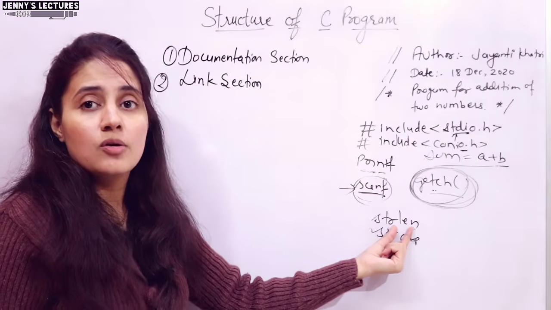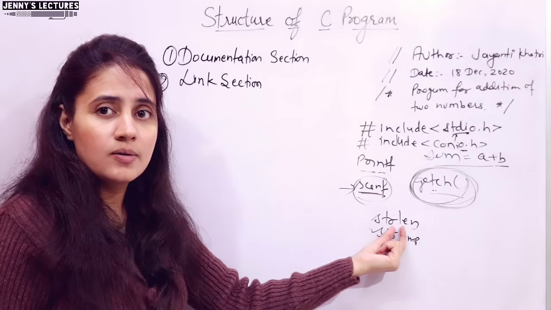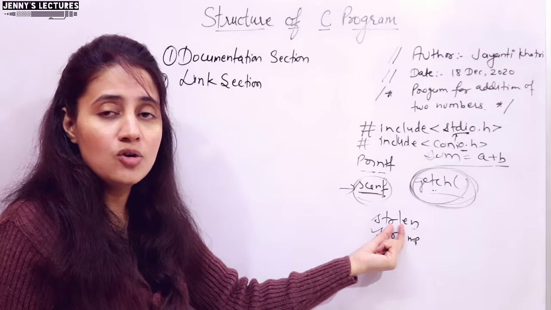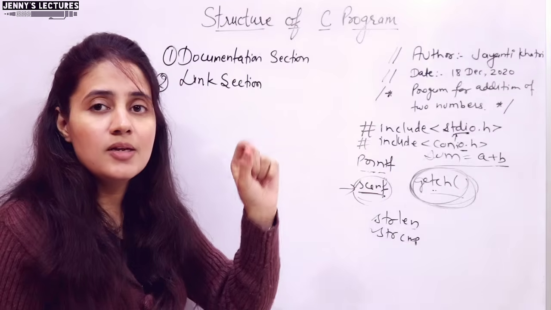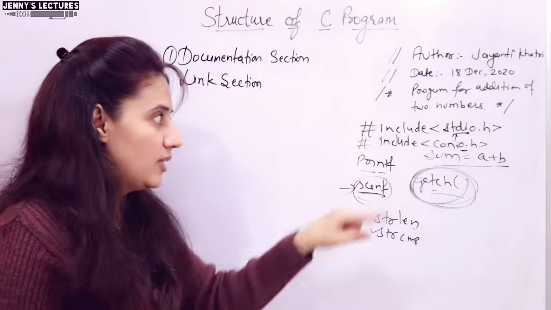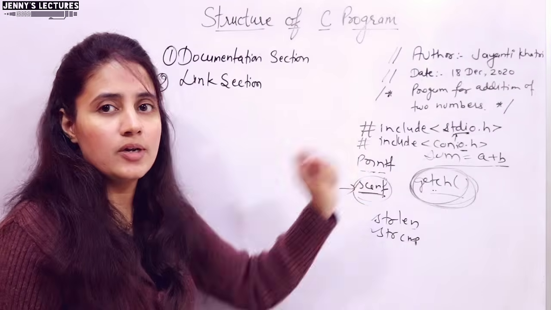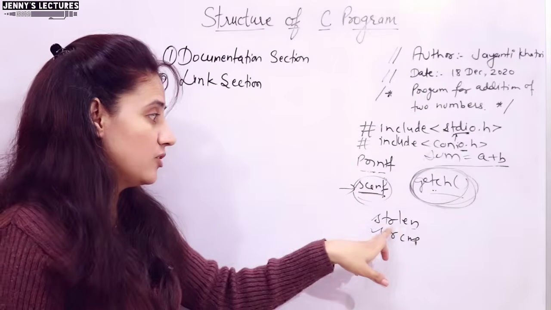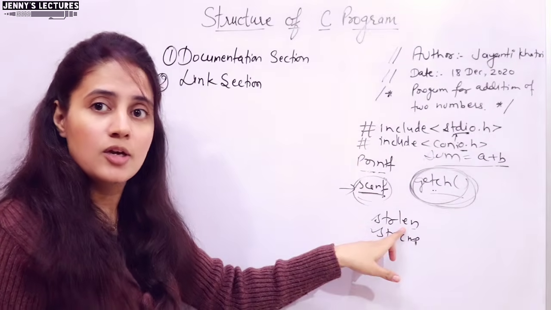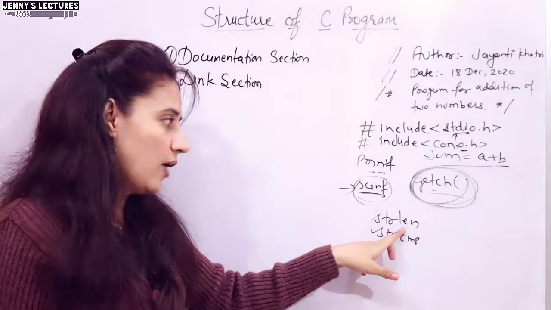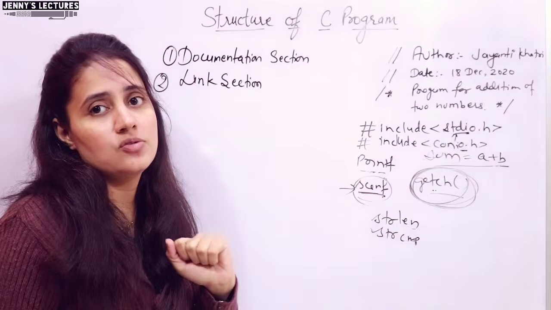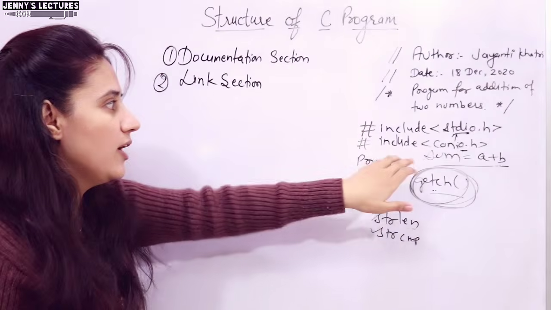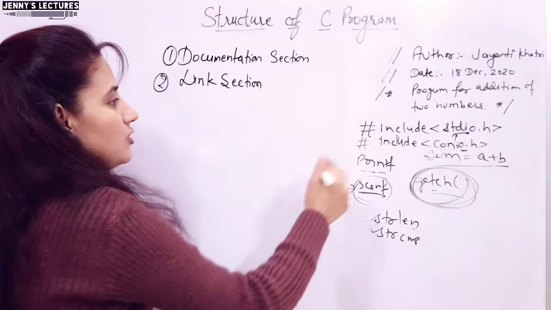The definition, the code of this function, is written in the library string.h. So there you will include hash include string.h. Then the compiler will come to know that strlen means it has to find the length of that string. That is why we include this header file.